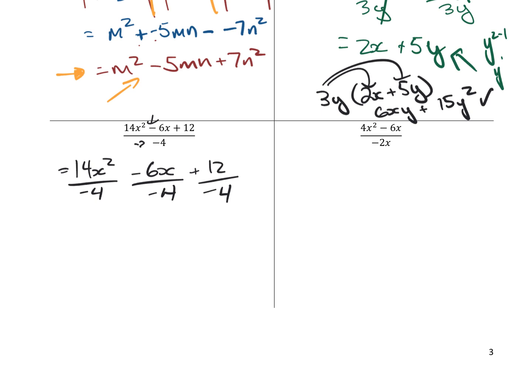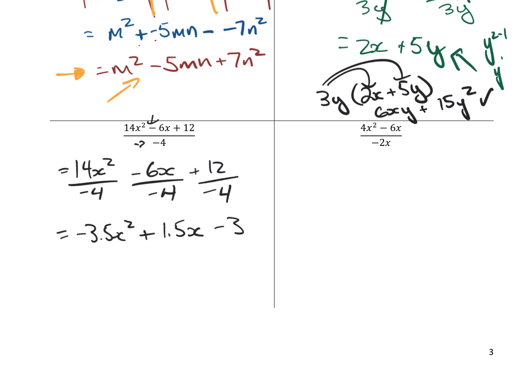Well, 14 divided by 4 is going to give me a decimal number, which is totally fine. We get negative 3.5x squared. We have negative 6x divided by negative 4. Well, negative and negative give me a positive, so plus 6 divided by 4 is 1.5x, and positive 12 divided by negative 4, I get negative 3.